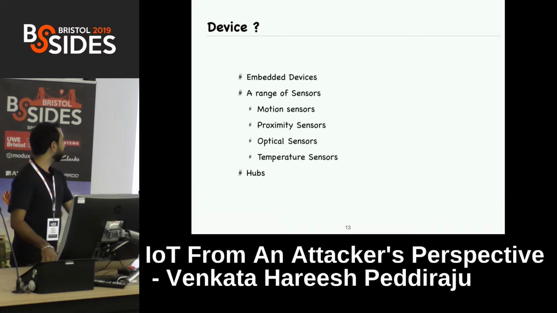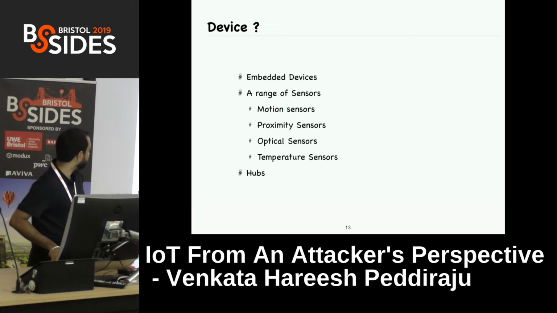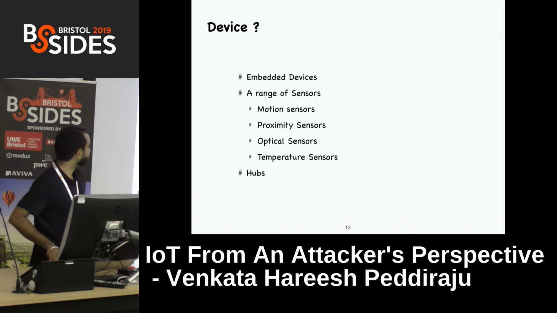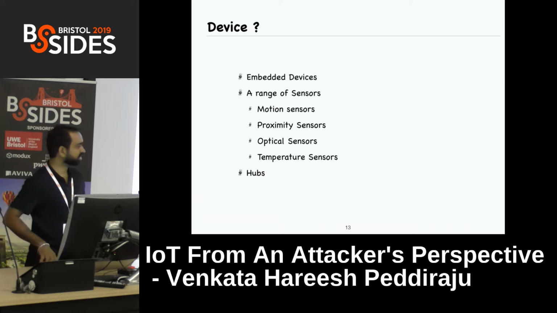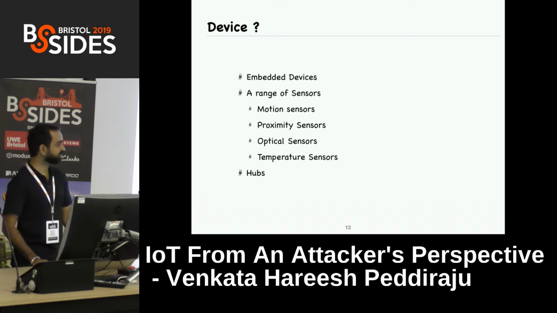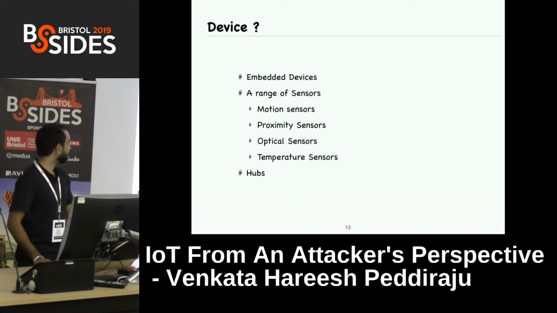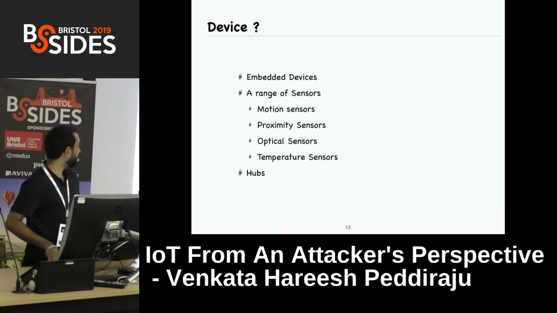Motion sensors are pretty prevalent in buildings, and proximity sensors as well. A temperature sensor is mandatory when it comes to your thermostat control. And hubs, as we discussed, are required to offload the data to cloud servers, and this is the only mode to communicate with the devices, because they communicate in a custom protocol which none of the mobile devices can at this point of time.